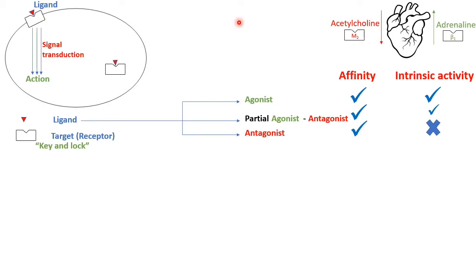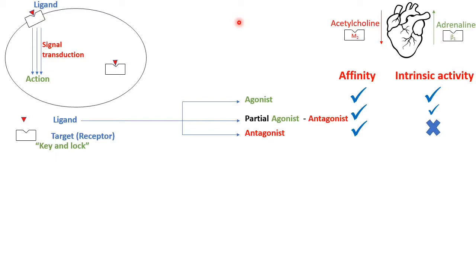If we gave a certain dose, let's say it's dose X, and it increased the heart rate by 30 to 40 beats per minute.